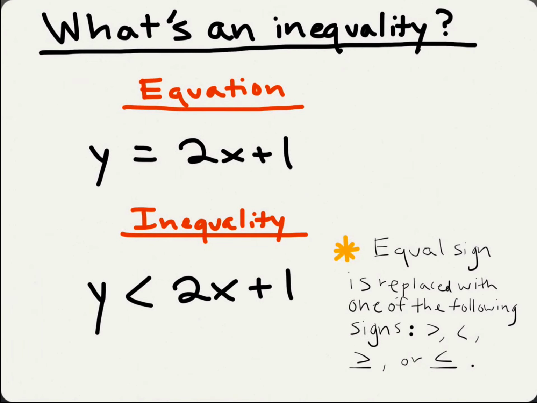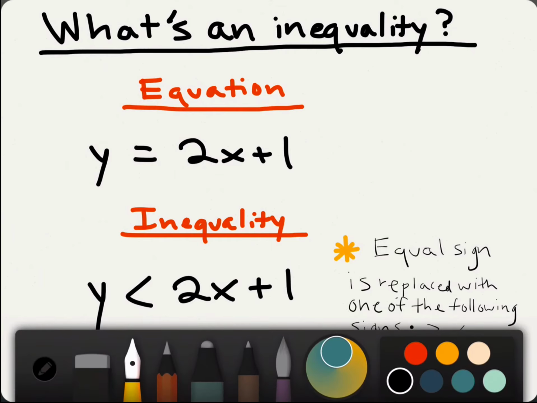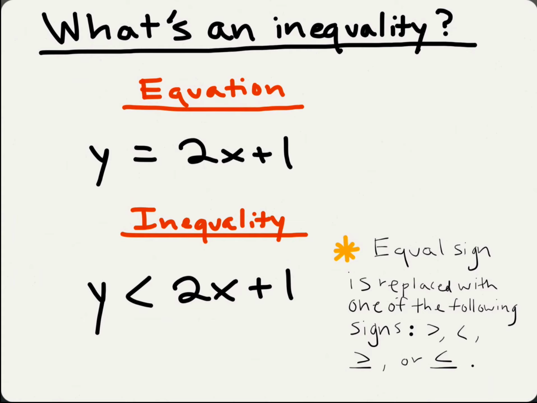What is an inequality, you may be asking? An inequality is pretty much the same thing as an equation. The main thing that we need to remember is that an equation always has some variable with an equal sign and then what the variable is equal to. So in this case, y is equal to 2x plus 1.